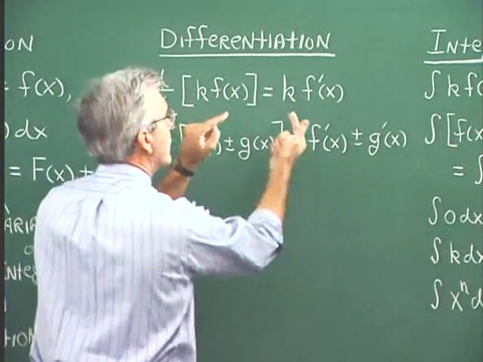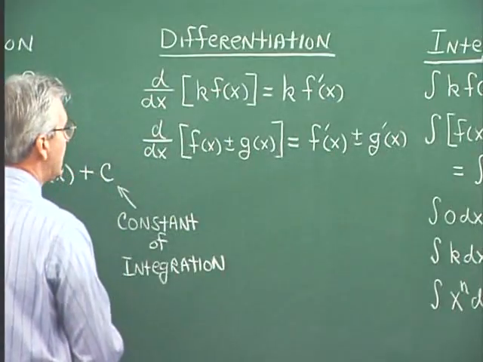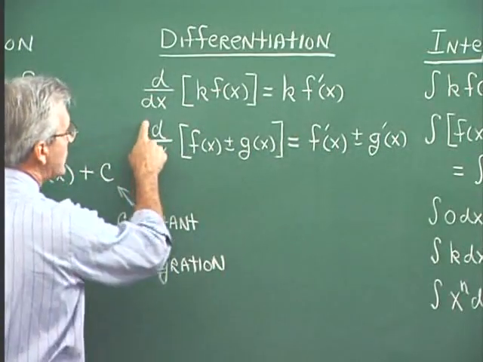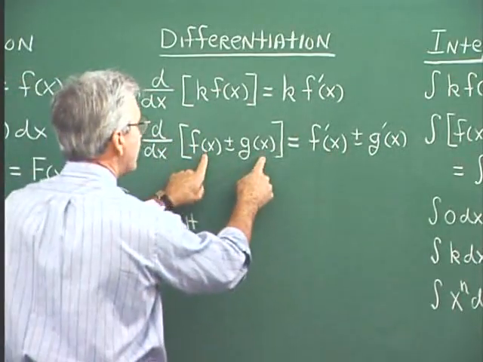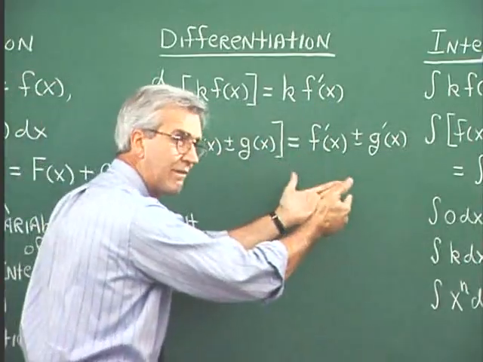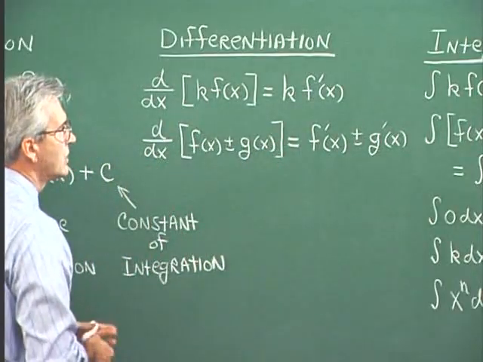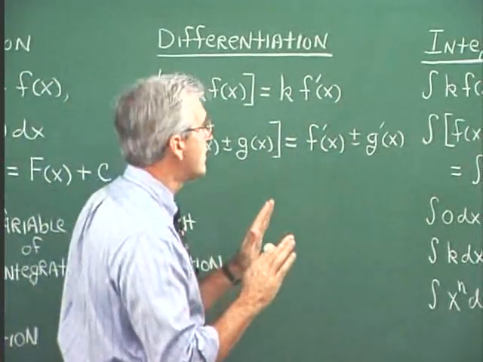You see, we can kind of draw out the constant. We're going to find that to be true with integration here in a minute. And the derivative of the sum or difference of functions means the derivative of one function plus or minus the derivative of the other. So we can kind of separate the process out in that situation. We're going to find the same to be true with integration.